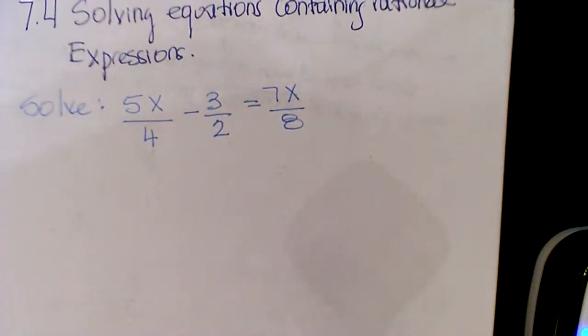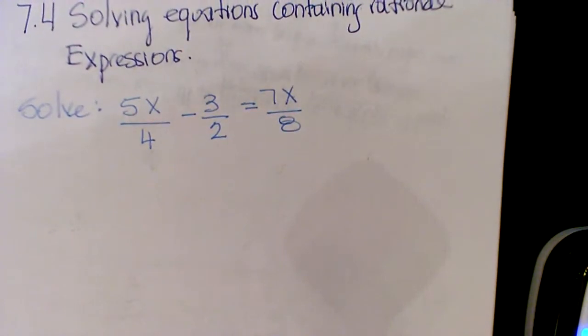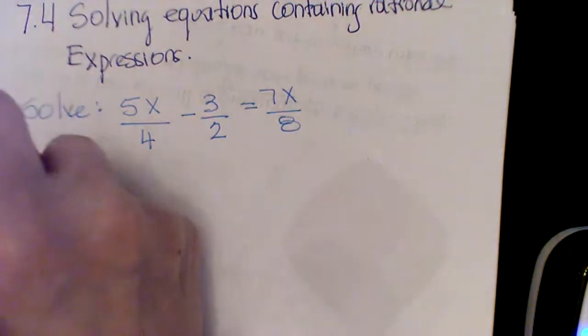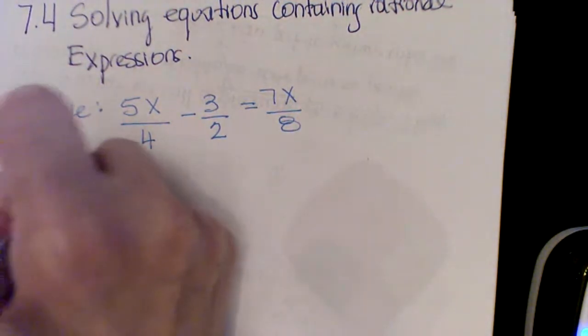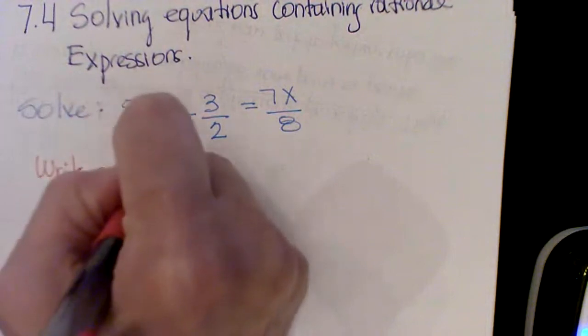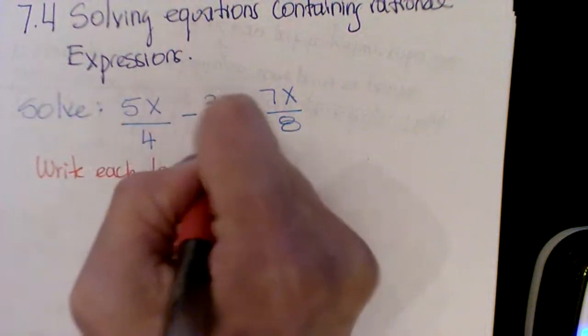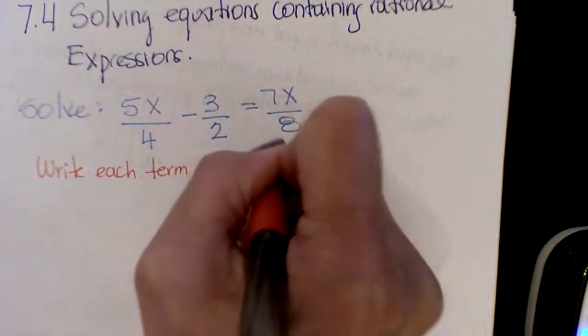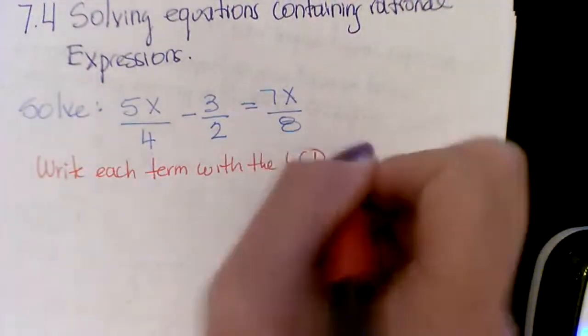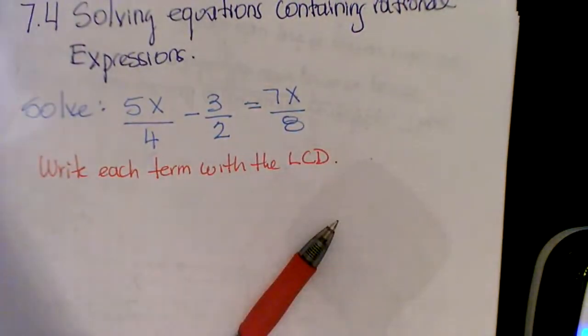We need to write each term with the lowest common denominator. That we have to do. I'm going to write it down here. And what would the lowest common denominator be, guys?